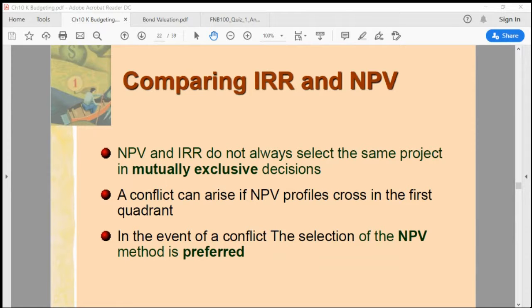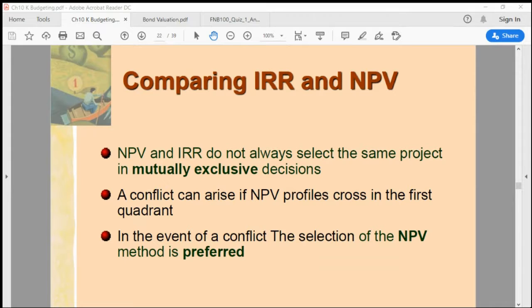Well, since our last lecture, we've been talking about the problems that can arise from net present value and internal rate of return methods, and we already talked about the problems of internal rate of return.